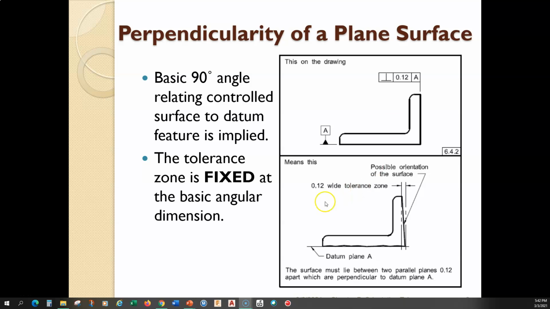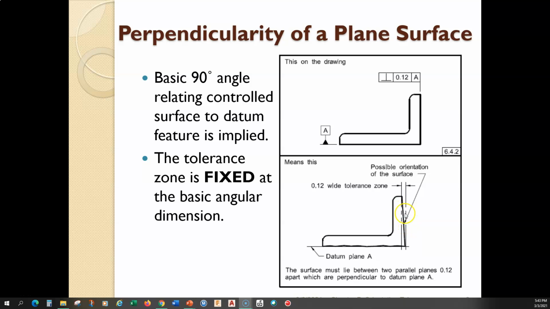Now in this case, the tolerance zone is fixed at the basic angular dimension. Well, what is the basic angular dimension? Well, 90 degrees. So basically a perpendicularity tolerance is an angularity tolerance with the angle set at 90 degrees. That's all we're doing here. And you can see the interpretation drawing here.